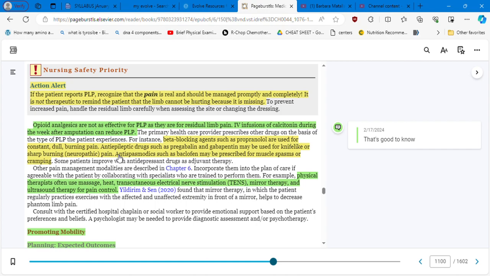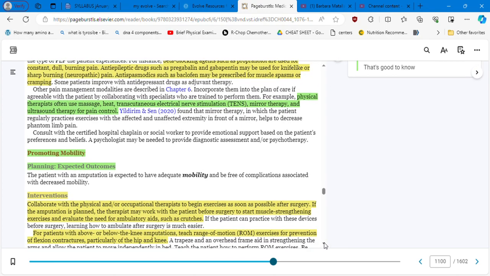Antispasmodics such as baclofen may be prescribed for muscle spasm or cramping. And physical therapies often use massage, heat, transcutaneous electrical nerve stimulation, mirror therapy, and ultrasound therapy for pain control.